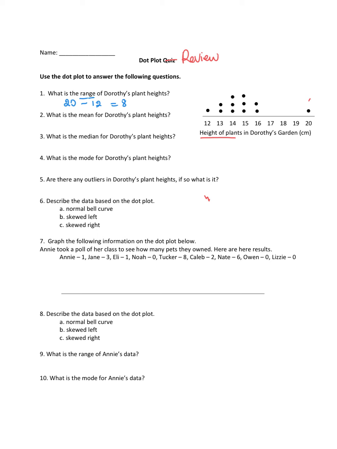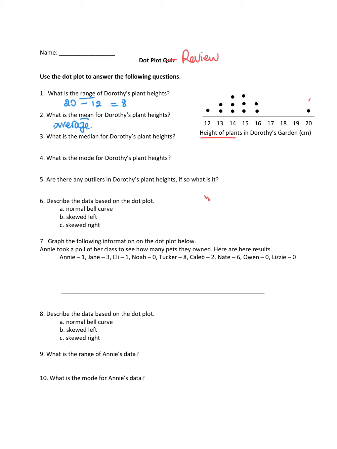Number 2, what is the mean of Dorothy's plant heights? The mean is the average, so you add all of them and divide by how many there are. Let's add them up.